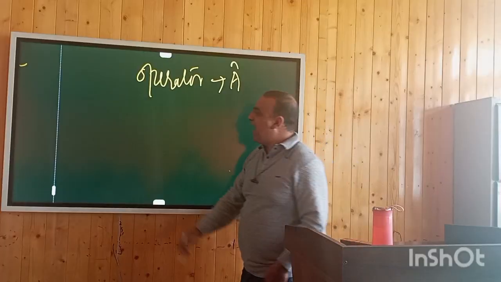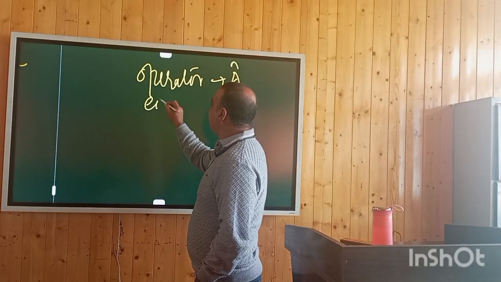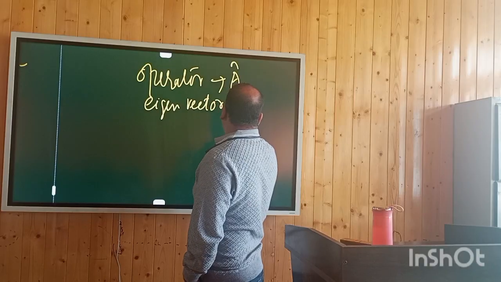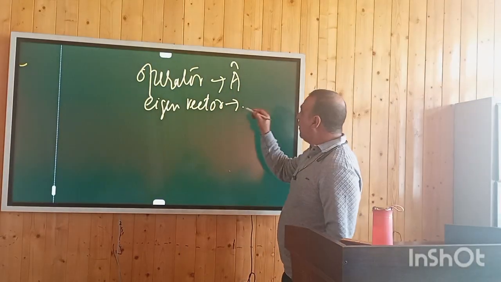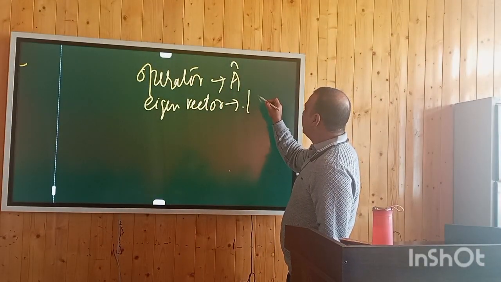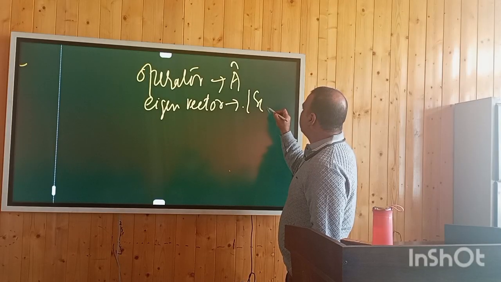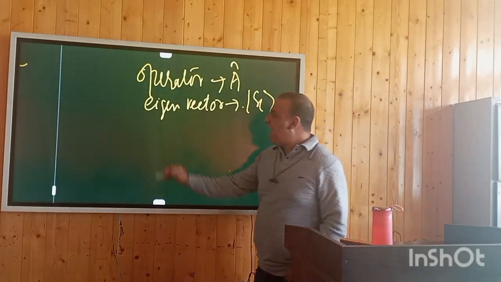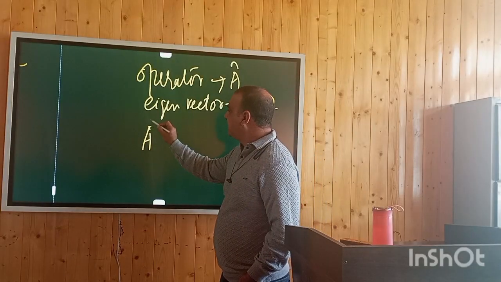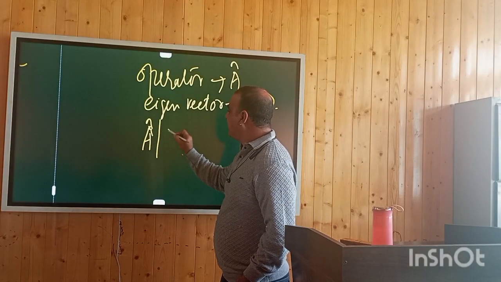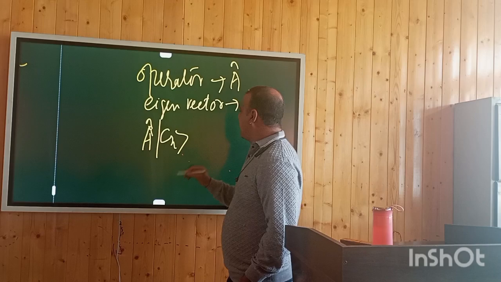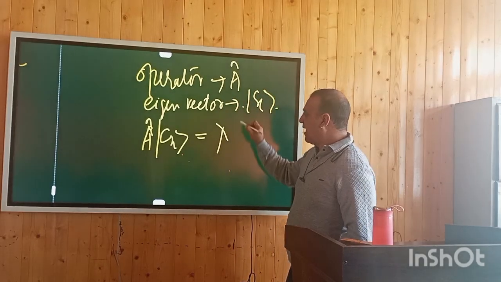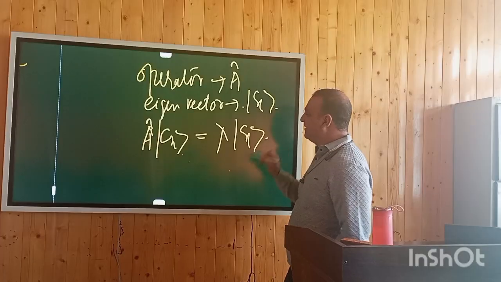And I have an eigenvector, and let me call this eigenvector ket of zeta. Now, this operator is acting on zeta, and from here we get a number and the same zeta.